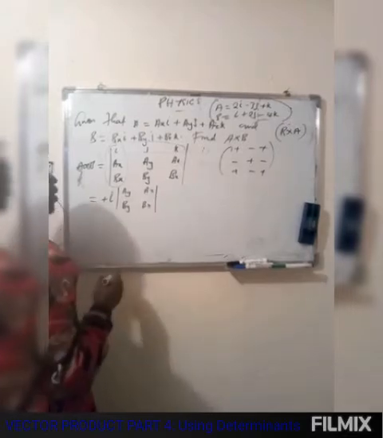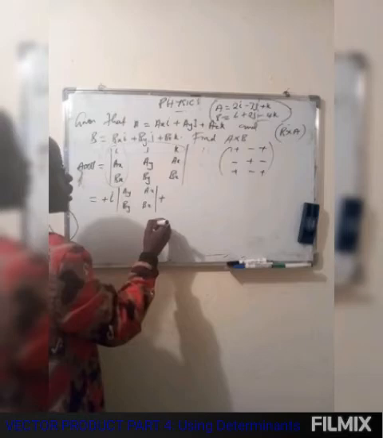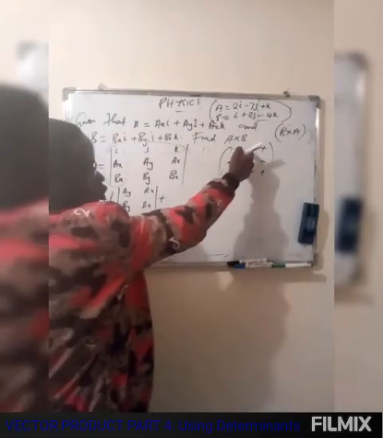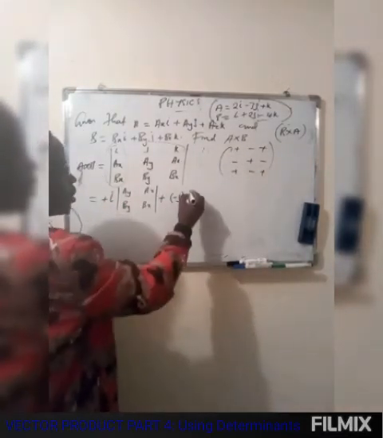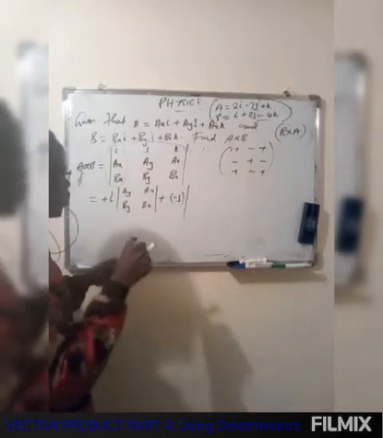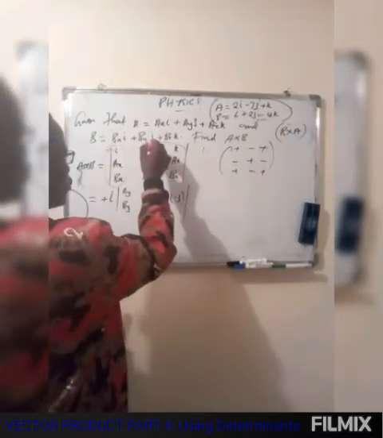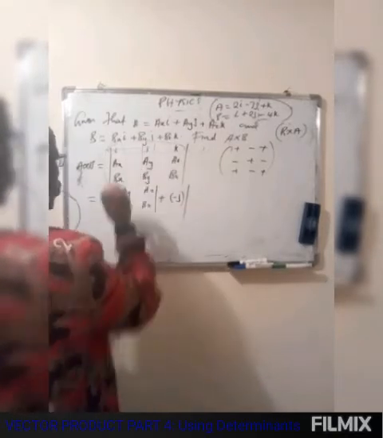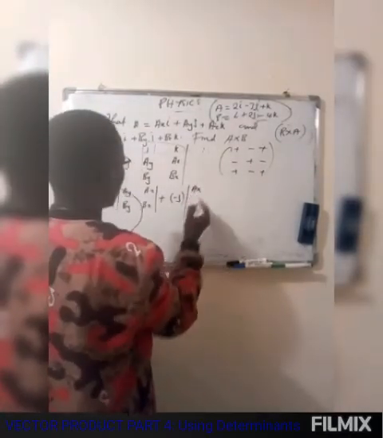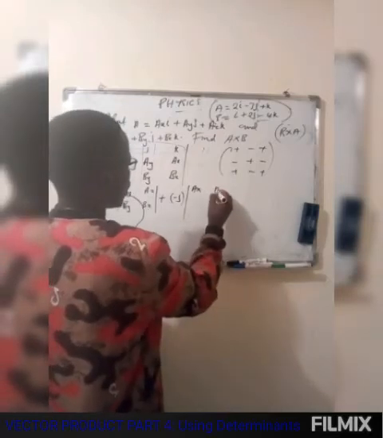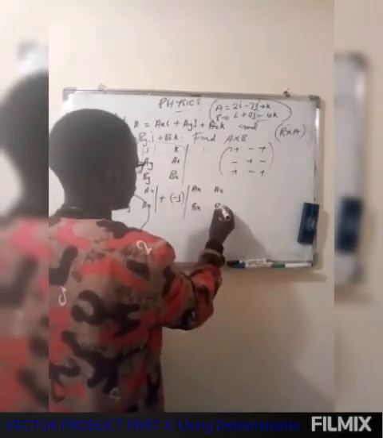Like that. And then I go to J, so I say plus. Now J corresponds with a negative there, so I say negative J. Then I cancel out the row and column in which J is. I'm going to remain with AX, AZ, BX, BZ.